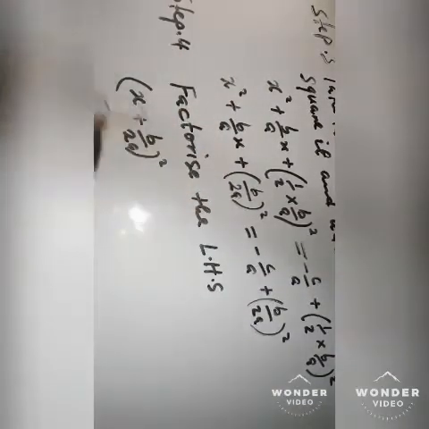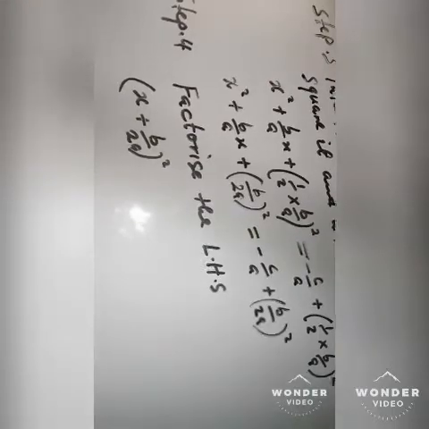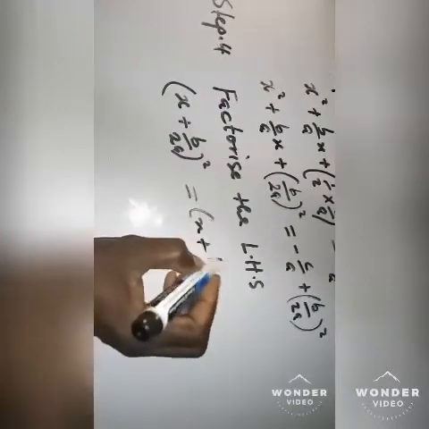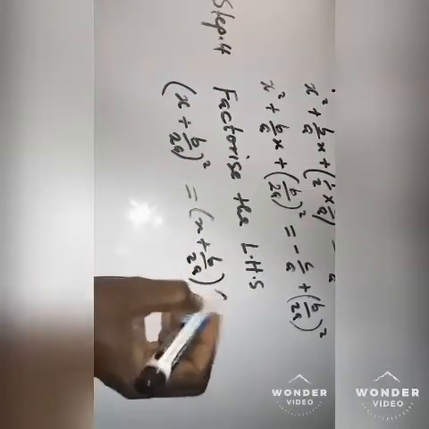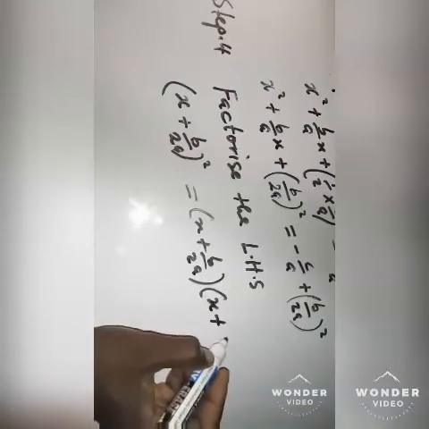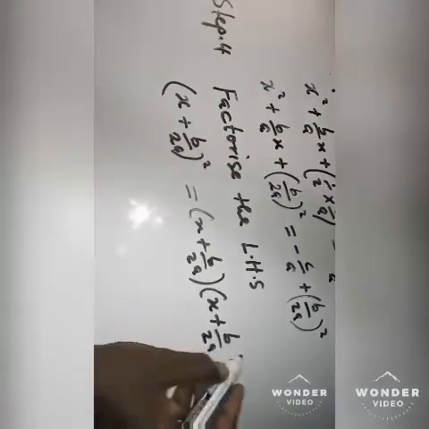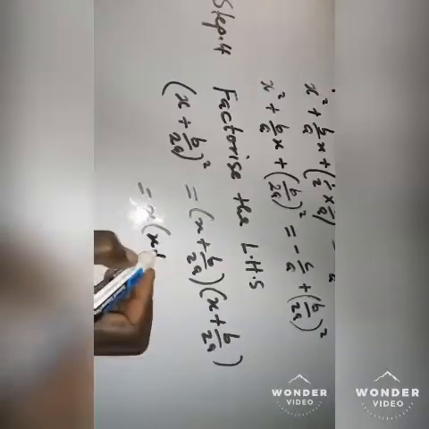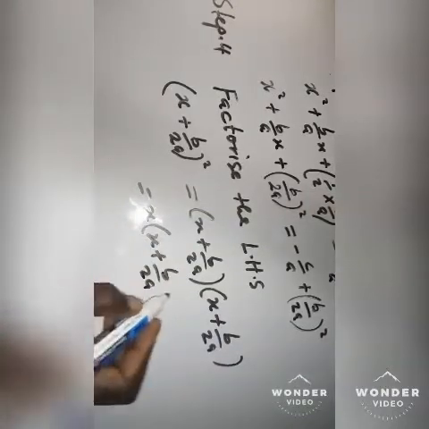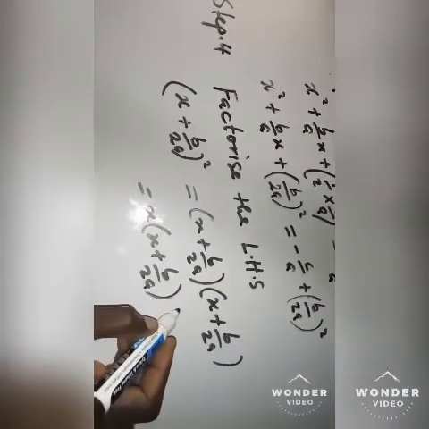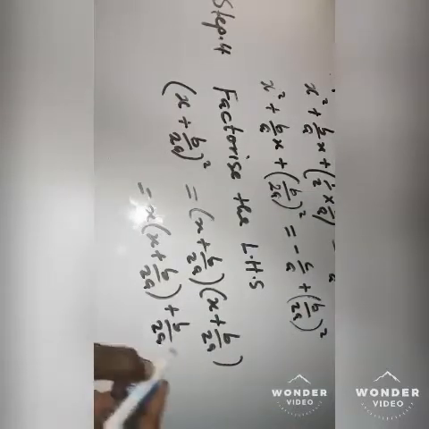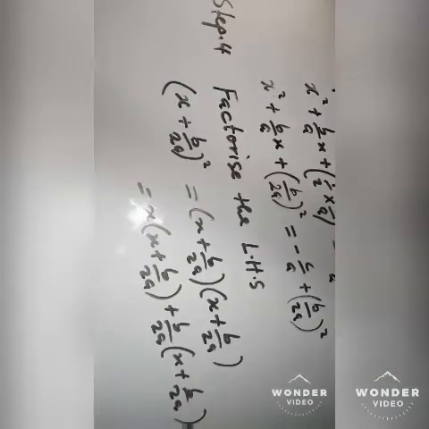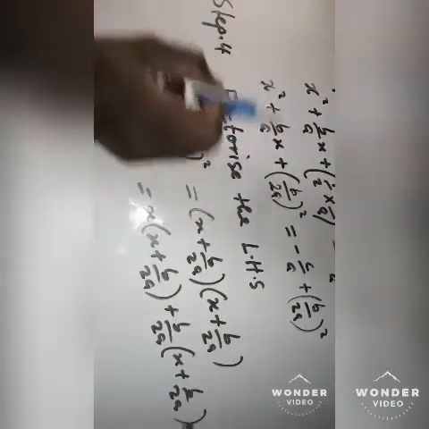When you open it up, that is to say, x plus b all over 2a, x plus b all over 2a, this will give you x into x plus b all over 2a, then plus b all over 2a times x plus b all over 2a. When you open it, this is exactly what you're going to obtain.